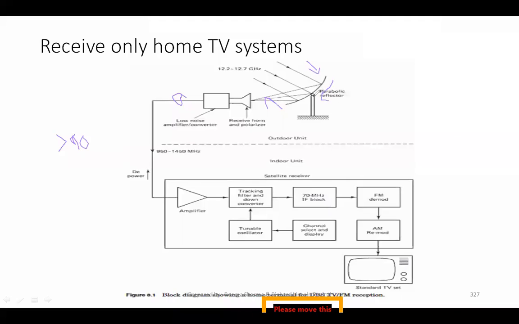Here you can see that there is a small lever which can hold the dish, and it can be rotated and fixed accordingly. So 90% and above is what we are targeting. Once we receive these signals, this is screwed and kept tight in place, so that the direction of this dish doesn't change.